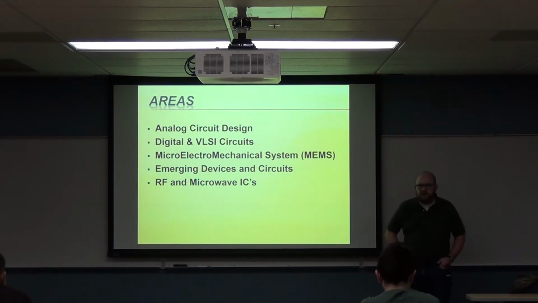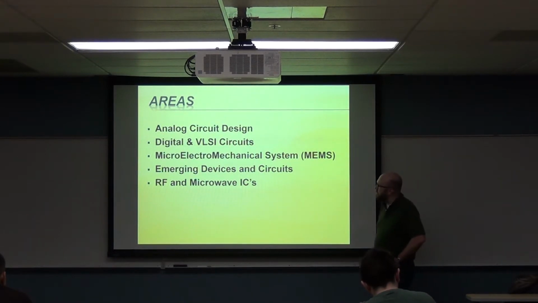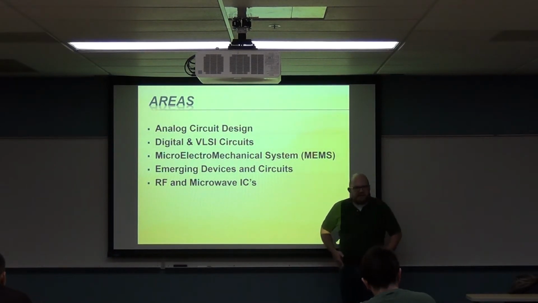Historically, you might have heard of BJTs in your classes, bipolar junction transistors. They were the old CMOS. They stopped scaling well, and they got replaced by CMOS. So we are poised to have something new, and people are actively working hard to figure that out, and a lot of work goes into that. Similarly, novel circuits are something that people are interested in because digital only gets us so far.